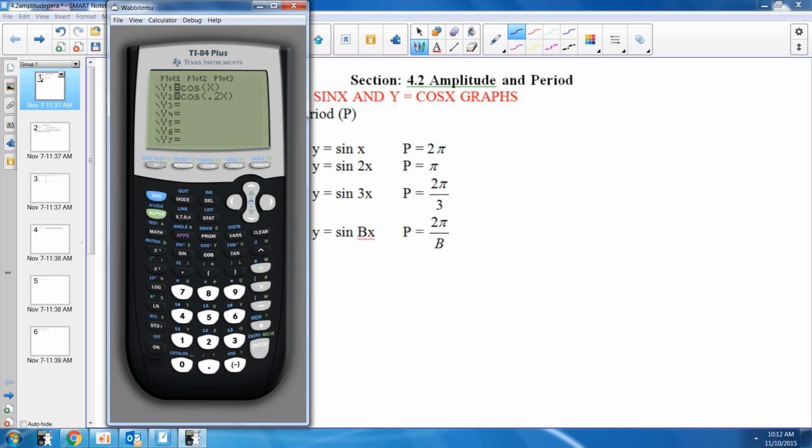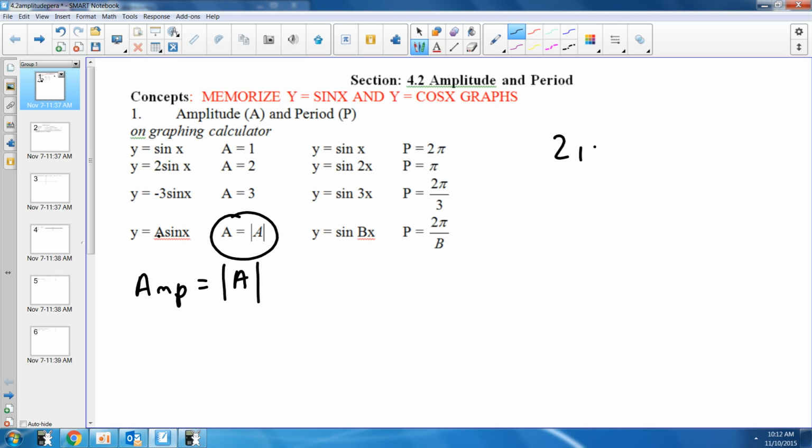Well, what does that equal? Let's see. 2 pi divided by 0.2 is the same thing as 2 pi divided by 2 over 10. Same thing as 2 pi divided by 1 over 5, multiplying by the reciprocal, and you're going to end up with a period of 10 pi.